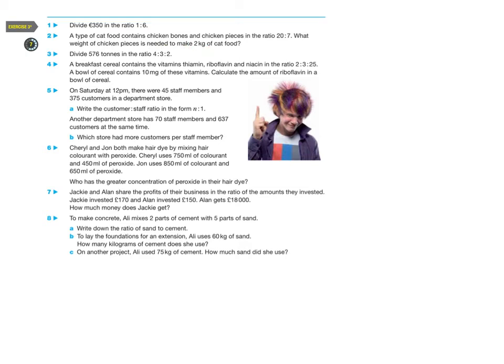Okay, so I'm going to write down the ratio, 20:7, and it's talking about parts again. I've got 20 parts to 7 parts. So how many parts do I have in total? 27 parts. Now in terms of the weight, I'm going to change it to grams, so it's 2,000 grams, and I need to divide that into 27 parts.